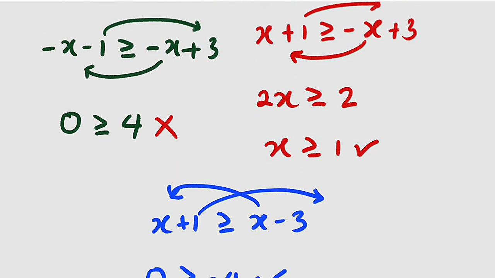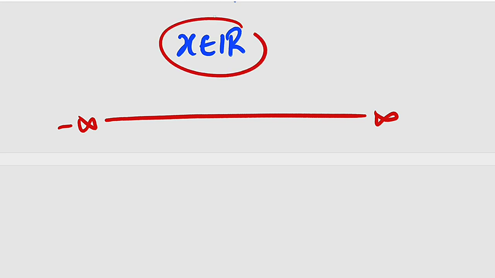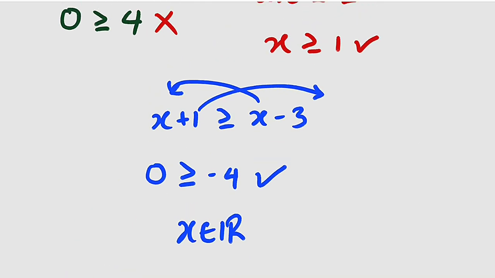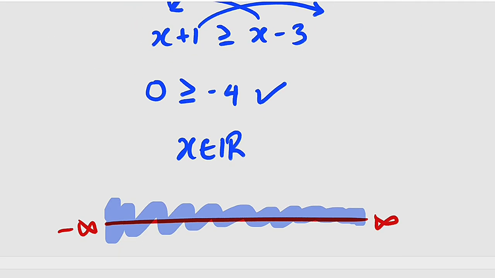So now let us look at it critically. On the number line, from negative infinity down to positive infinity, if you consider this one, all real numbers, meaning it satisfies everything on the number line. But remember, we have another solution, which is x greater or equal to 1. So where can we trace 1? Suppose we have 1 somewhere here.